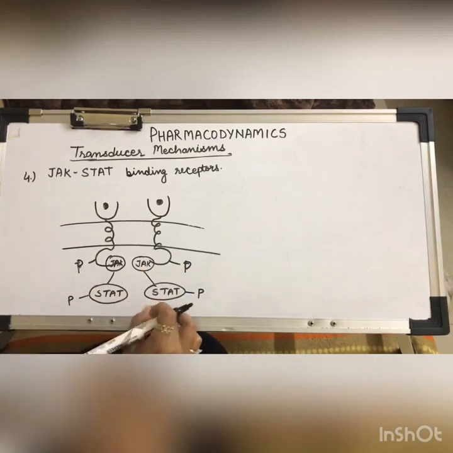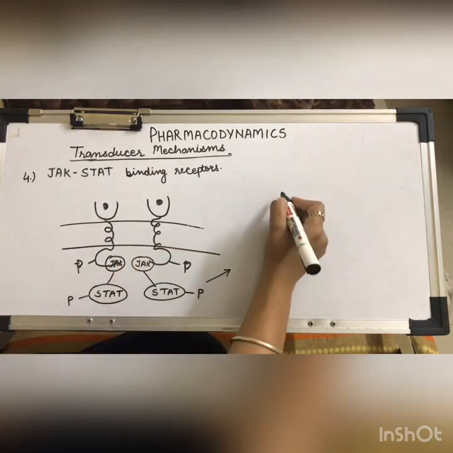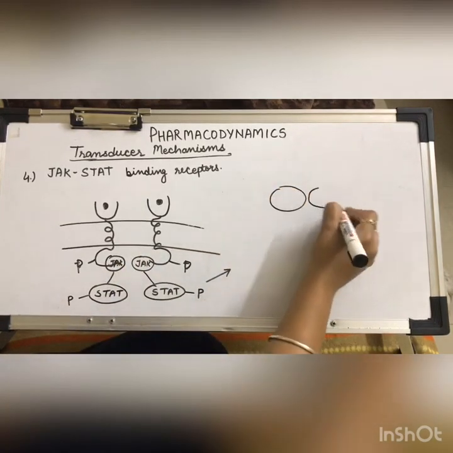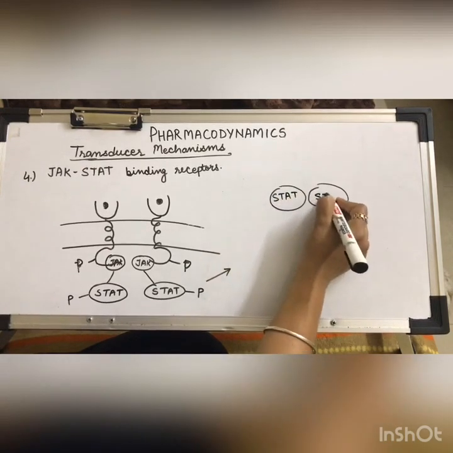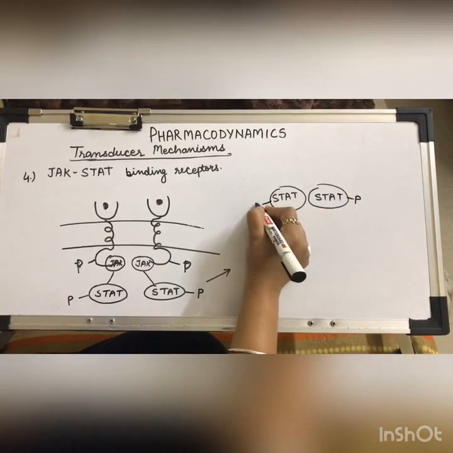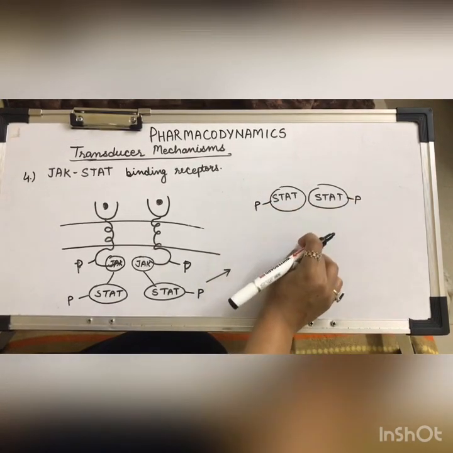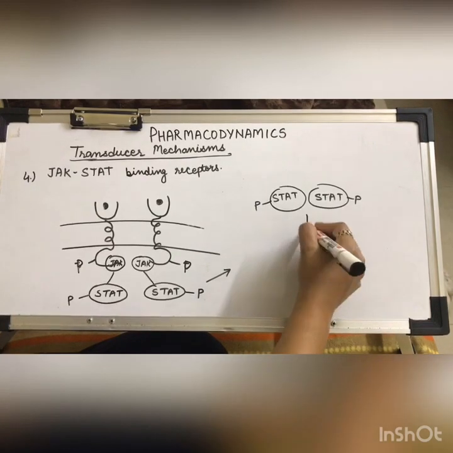After phosphorylation, these STAT molecules get activated and a dimer is formed. The dimer of STAT molecules now dissociates from the receptor. When it dissociates from the receptor, this dimer translocates to the nucleus.